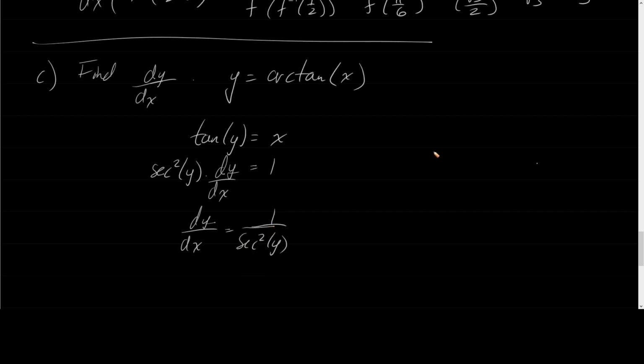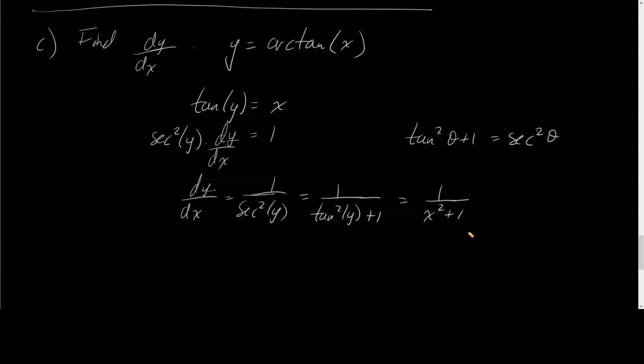But recall that tan squared theta plus 1 is equal to secant squared theta. So in here, this is really saying 1 over tan squared of y plus 1. But we already knew what tan y was. Tan of y was x. So here I have 1 over x squared plus 1.